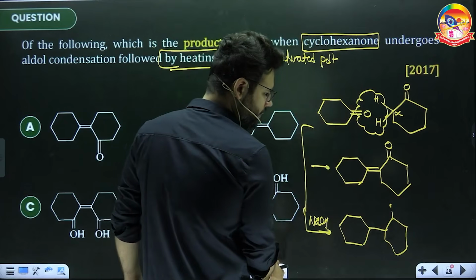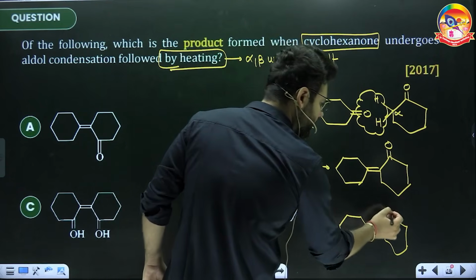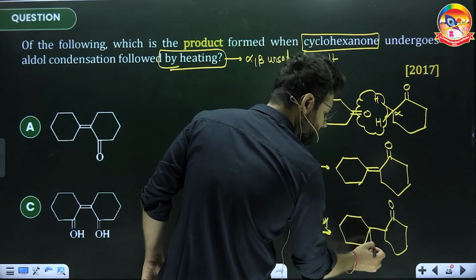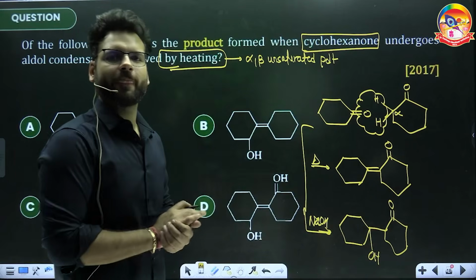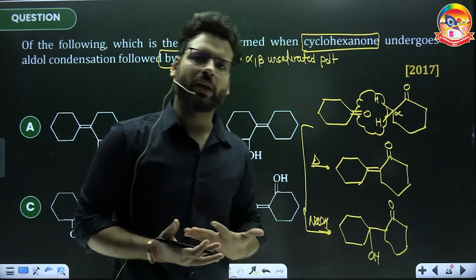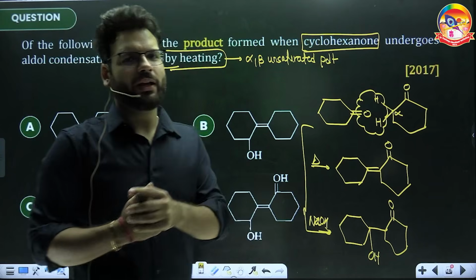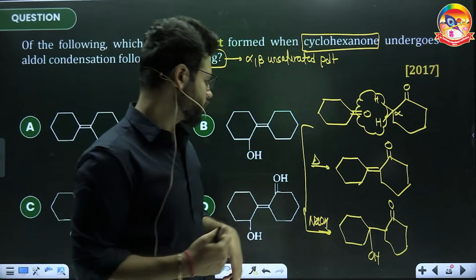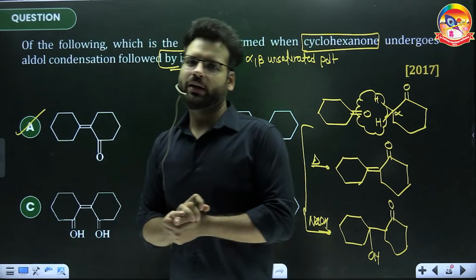So I am writing a beta hydroxy ketone, which is an aldol or a ketol. This is alpha, this is beta. Just put an OH on the beta. This is no heat, this is after heat. So I have told you how to make both products: gun, hands, remove water. If no heat, add back water by putting OH on the beta position. Since there was heating here, option A would be the correct answer.